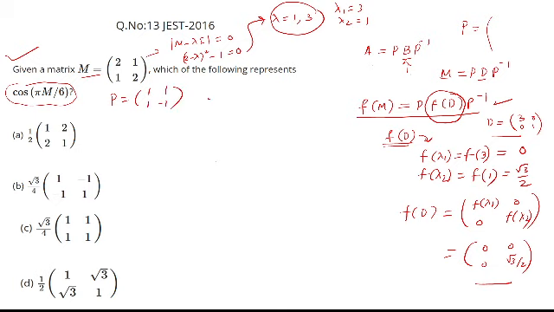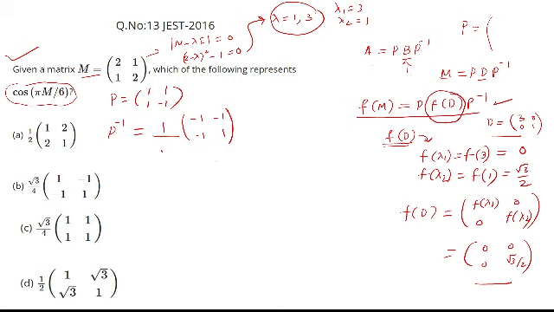Finding the inverse of a 2 cross 2 matrix is very easy: shuffle the positions of the diagonal elements, change the sign of the off-diagonal elements, and multiply by 1 divided by the determinant.